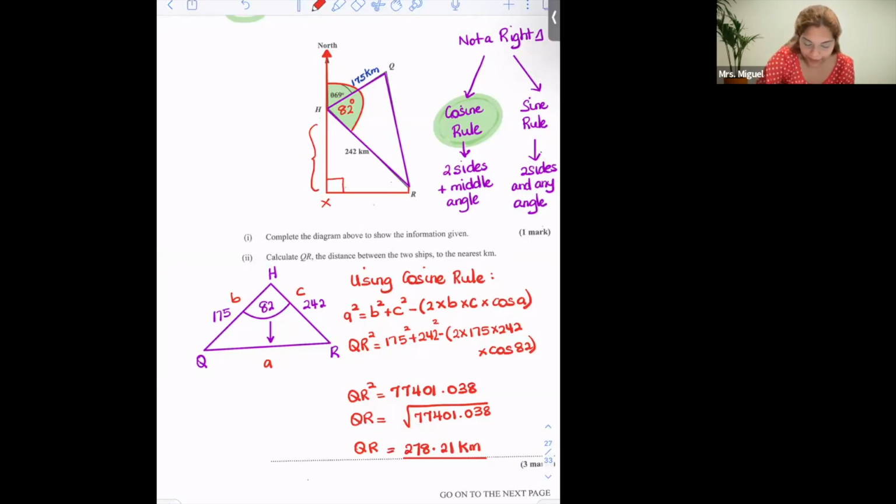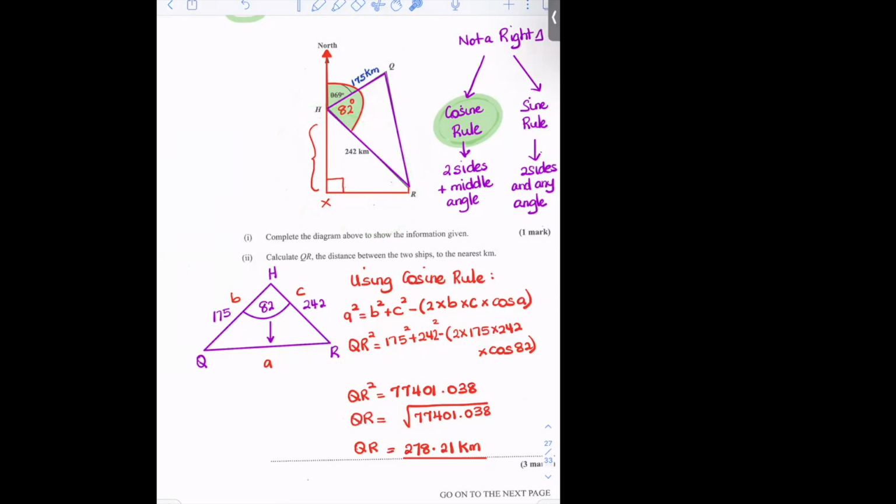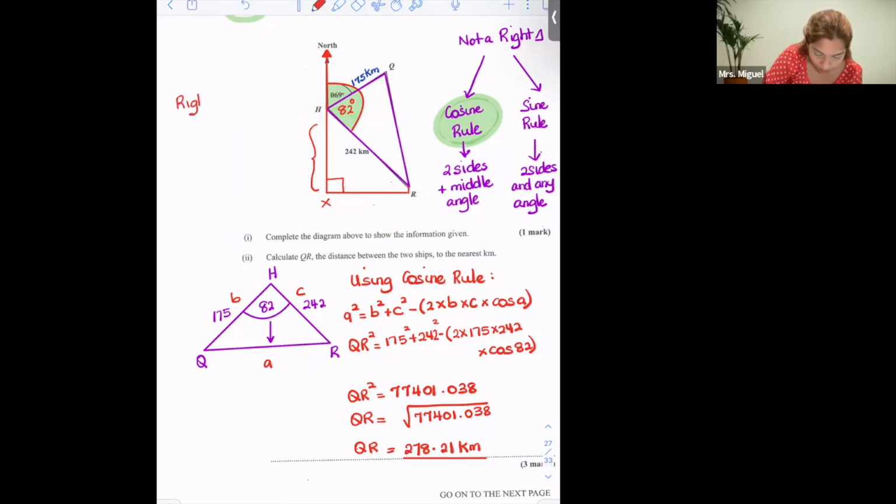What type of triangle is this? Right angle, miss. So if it is a right triangle, we can use Pythagoras' theorem, or we can use the trig ratios.